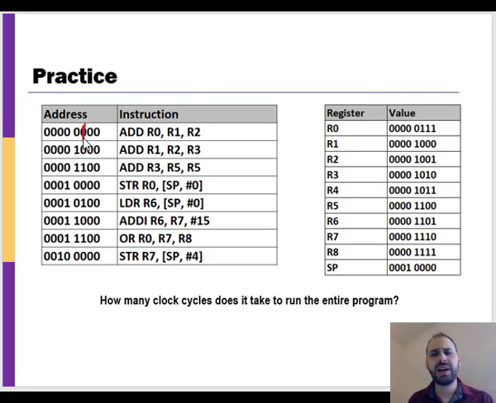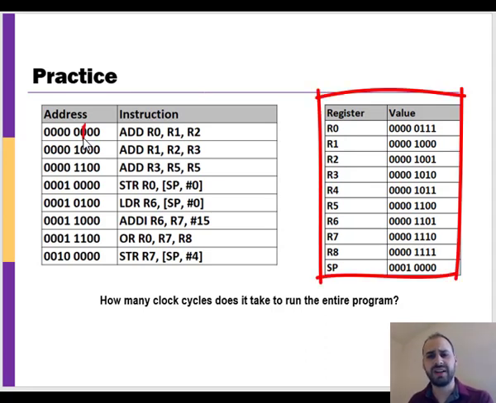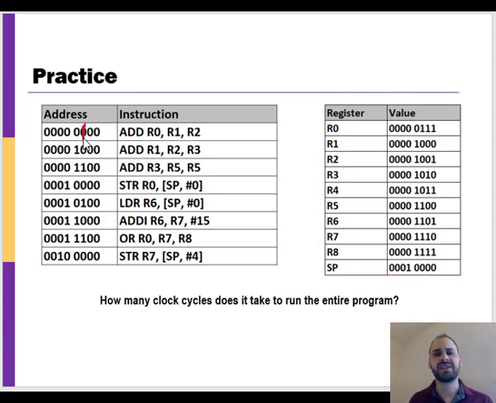And then on the right, we're going to say, okay, this is our register file. We're going to assume this is the state of the registers at the onset of the program running, okay? So we need to know the state of some memory before we answer some of these questions. Not necessarily this first question, some of it's not relevant, but we're going to have some follow-up questions here, and they're going to depend on the state of the system when the program starts running.